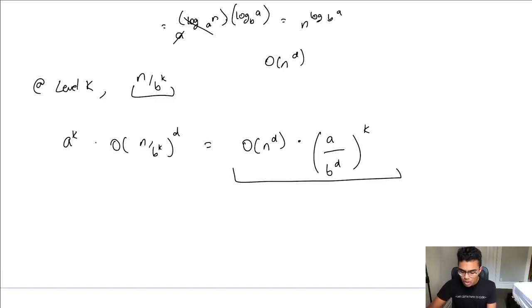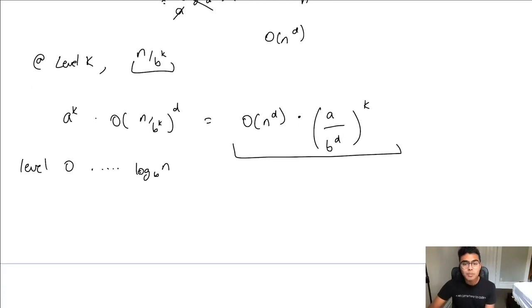And so we start off at level 0 and work our way down to log b of n levels. And so we'll very quickly notice that this forms a geometric sequence. At level 0, we're doing O of n to the d work. And at level log b of n, we're doing a lot more work. And again, this is all dependent on the ratio of a over b to the d.